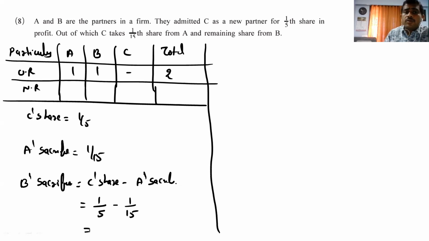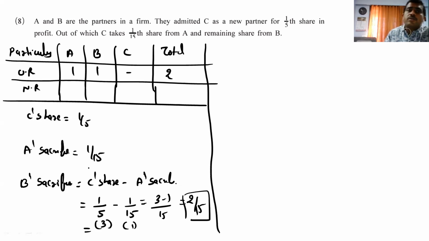So just LCM we can take, 3 minus 1 by 15. It comes 2 by 15. So B sacrifice comes to 2 by 15 while A sacrifice comes to 1 by 15. The remaining share from B we have done 2 by 15. A we have done, it's 1 by 15.